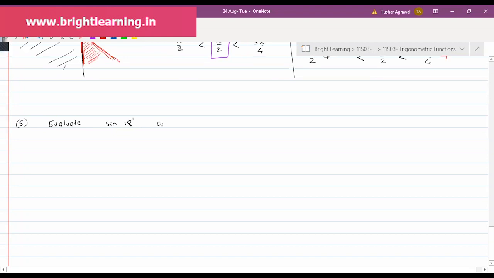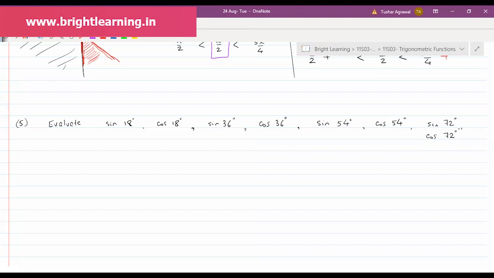Evaluate sine 18 degree, cos 18 degree, sine 36 degree, cos 36 degree, sine 54 degree, cos 54 degree, sine 72 degree, cos 72 degree. So the complete table of 18: 18, 36, 54, 72. After that, 90 only comes in that.